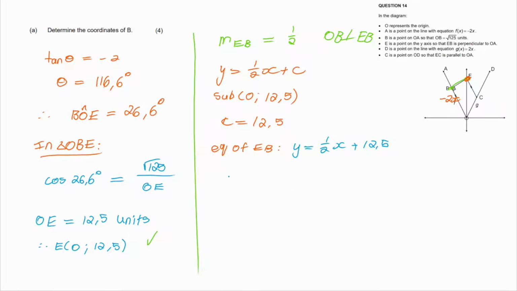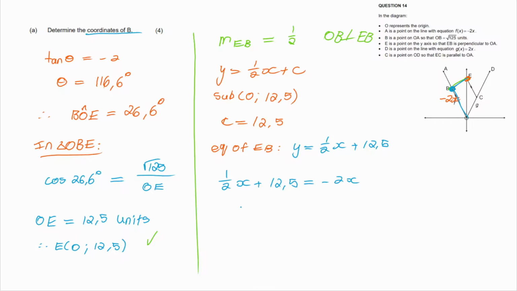Now just find the coordinate of B, because that's what we're looking for. We set the equation of this line equal to this line. So we set a half x plus 12,5 equal to negative 2x.